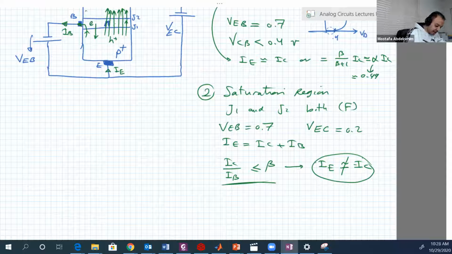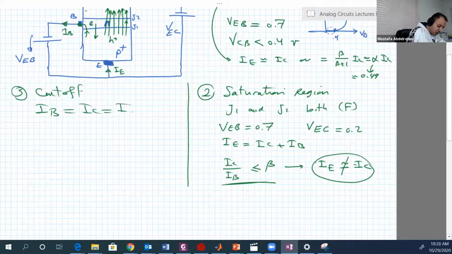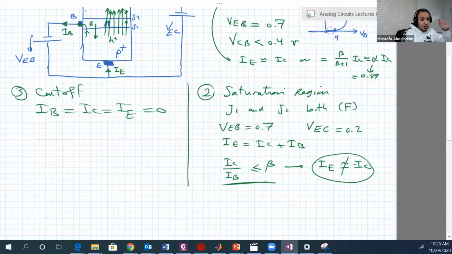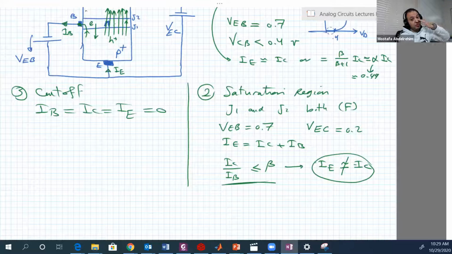What else? The last region is the cutoff, in which IB equals IC equals IE equals 0. And why is this? Because there is not enough forward biasing on the base emitter voltage. So usually when we are in the cutoff region, that means the base emitter junction is not forward biased, or forward but very, very weak.